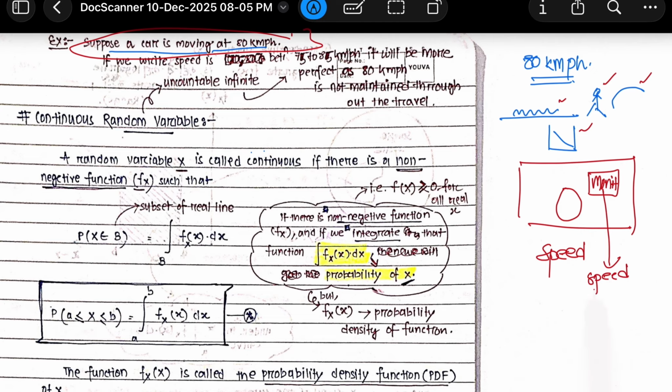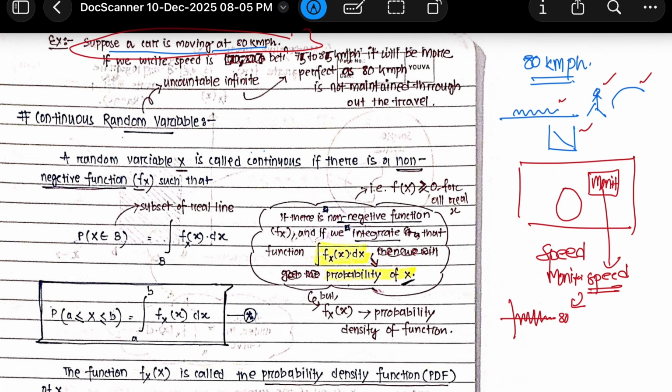you can take the graph from that monitor, and there will be some fluctuations in the speed of the car. If this is the 80 kilometers per hour line, then the car speed must be like this.